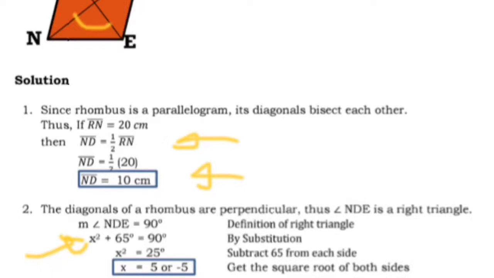Then transpose 65 to the left side, that will become 90 minus 65, and that will be equal to 25. So x squared is equal to 25. Then extracting the square roots, square root of x squared is x, square root of 25 is 5 or negative 5. Now since we're talking about measurement, we can have the value of x as 5 degrees.